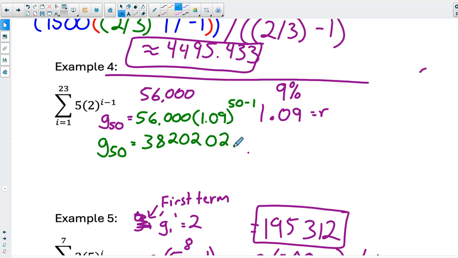Do you want to go to the thousand? 87. What are we talking about here? Money. I will never give you directions on how to round money, ever. I will always expect you to round to the hundredths. So, we get 0.87.